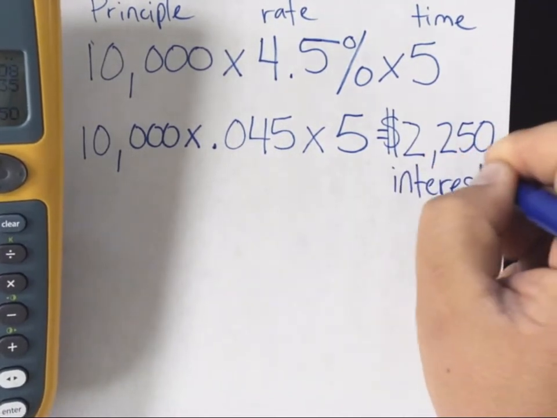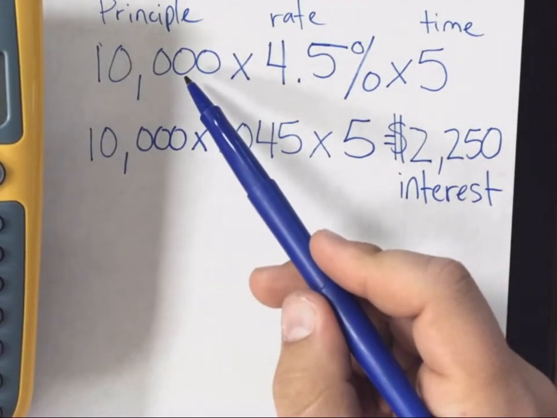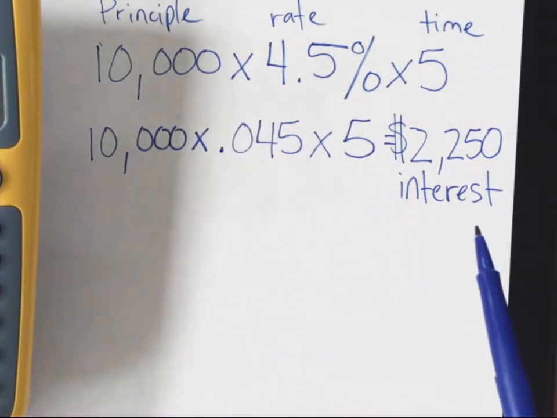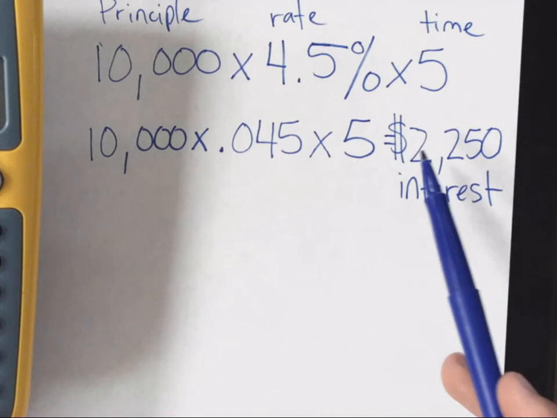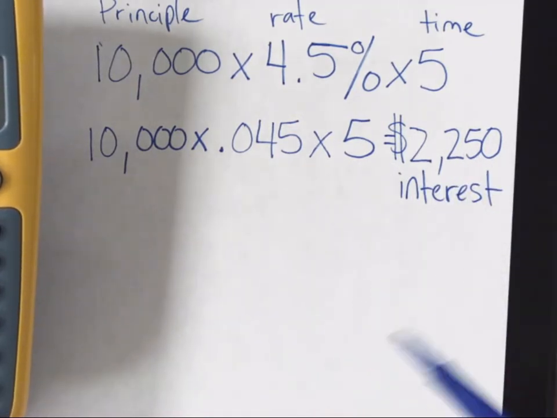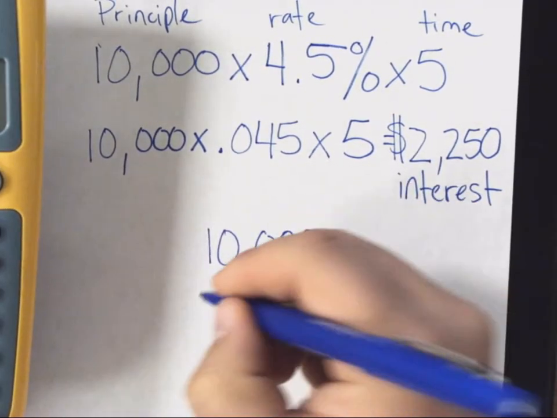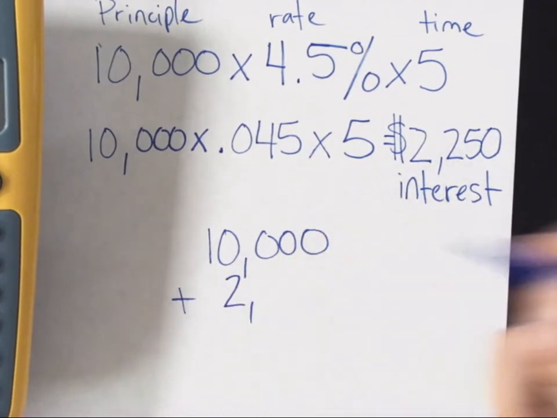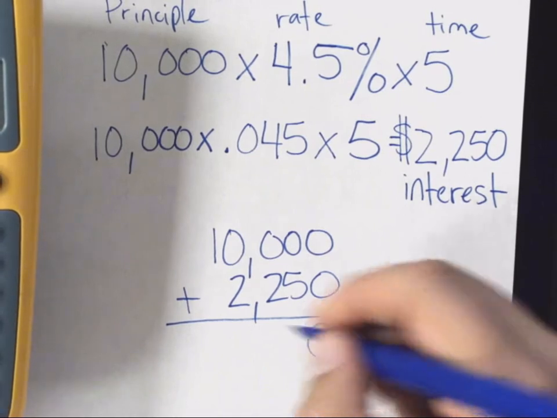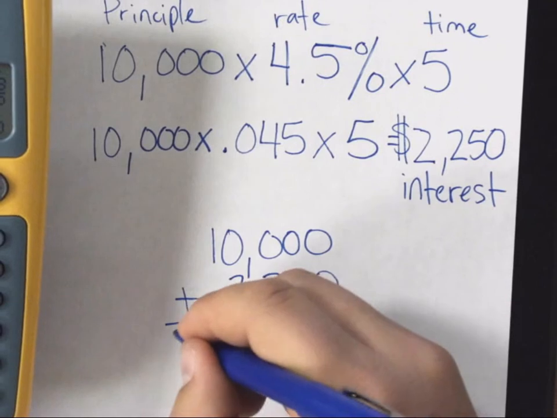So what that means is if you borrow $10,000, you are going to have to pay back in 5 years that $10,000 plus interest, which is $2,250. So in total, you are actually paying $10,000 plus $2,250, which is $12,250.